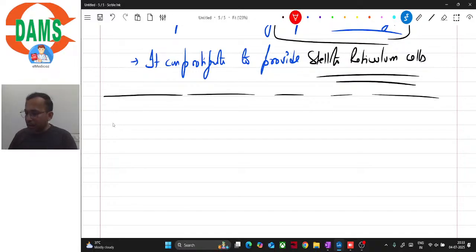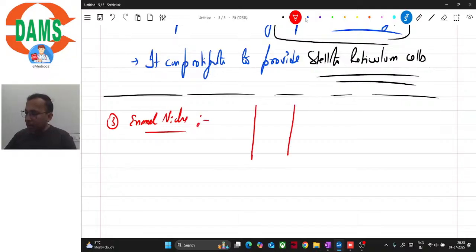The third structure that I told you about is enamel niche. So what is enamel niche? Enamel niche is nothing but a funnel shaped defect that is present in the lateral lamina.